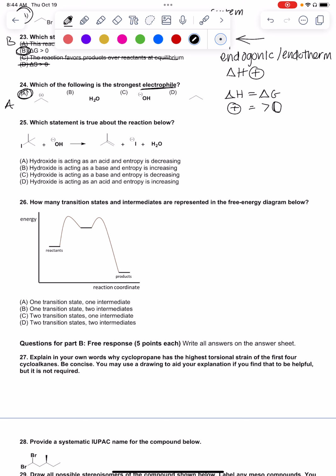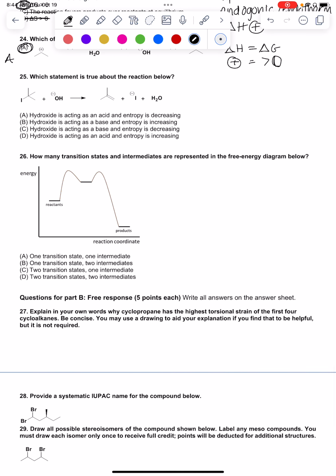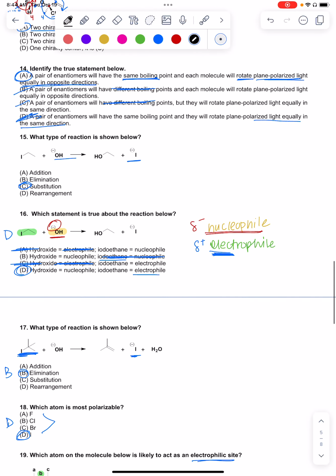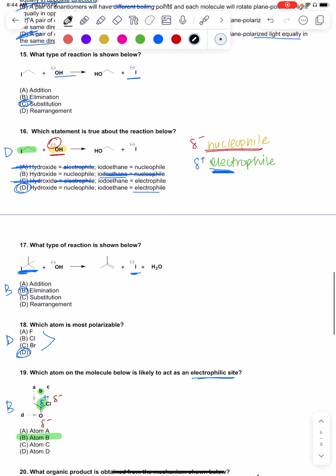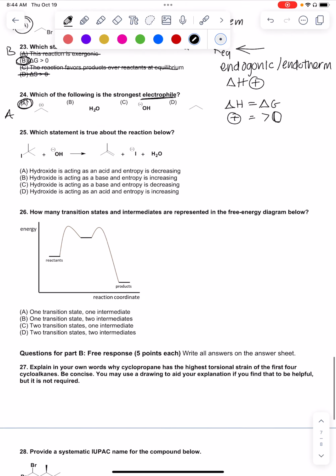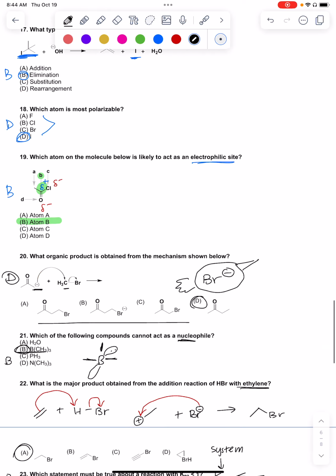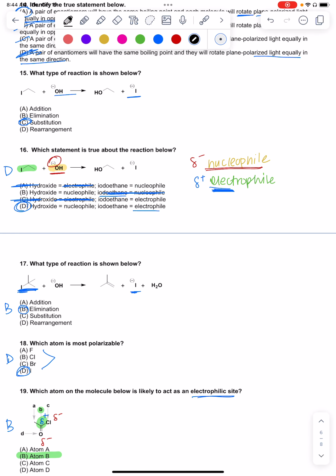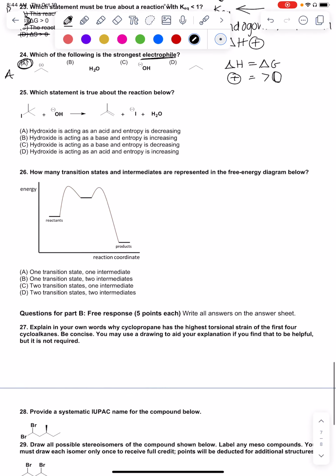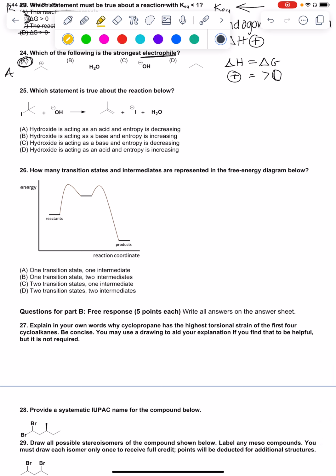Which statement is true about the reaction below? Okay. So let's go back up to my little note here. Electrophile, nucleophile. All right, I didn't even read my note. It's got the negative, so it's going to be my nucleophile, right? Nucleophile. That means this has to be my electrophile.